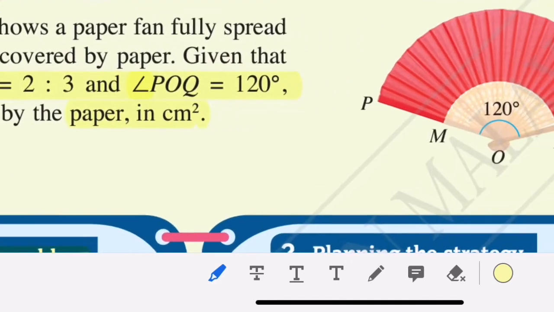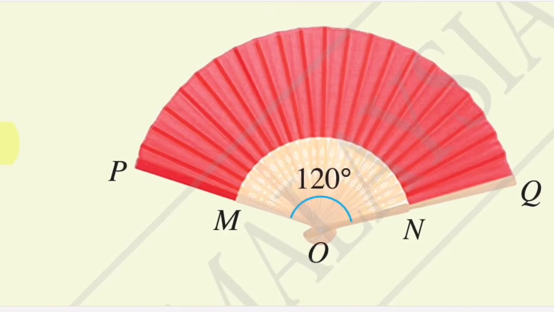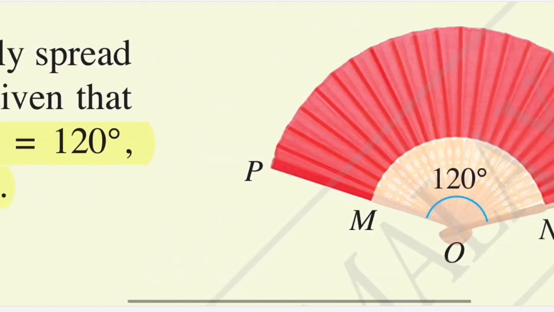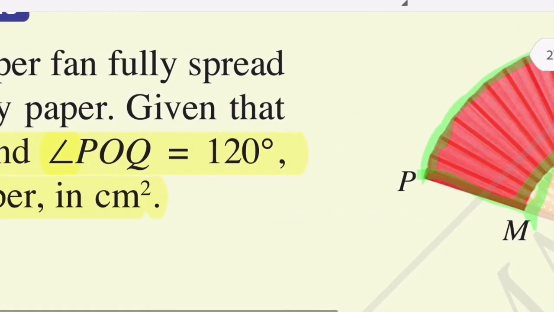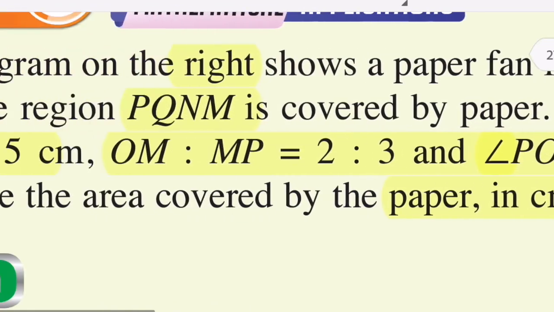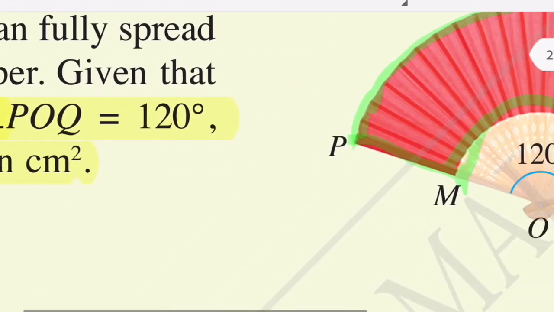Now let's zoom in on the diagram. You're given the paper fan fully spread. So arc length PQ, then QN, then here MP. This is a region. The region PQNM is covered by paper, given that OP is 15 centimeter.